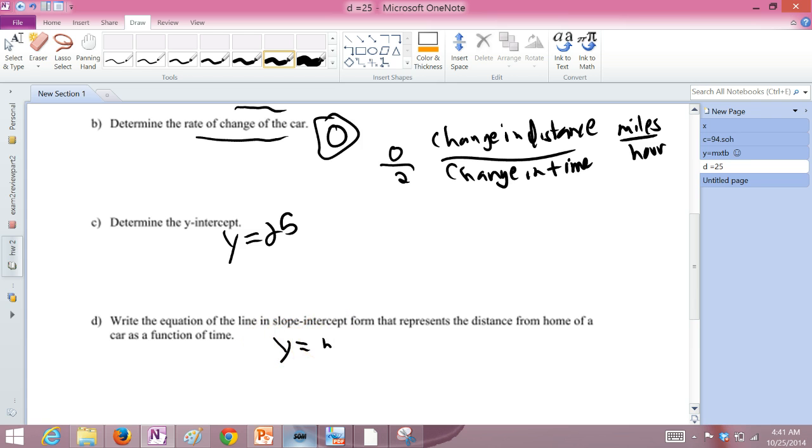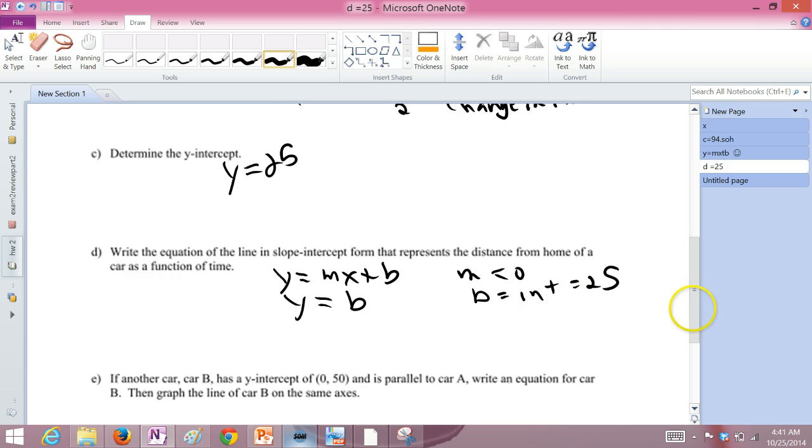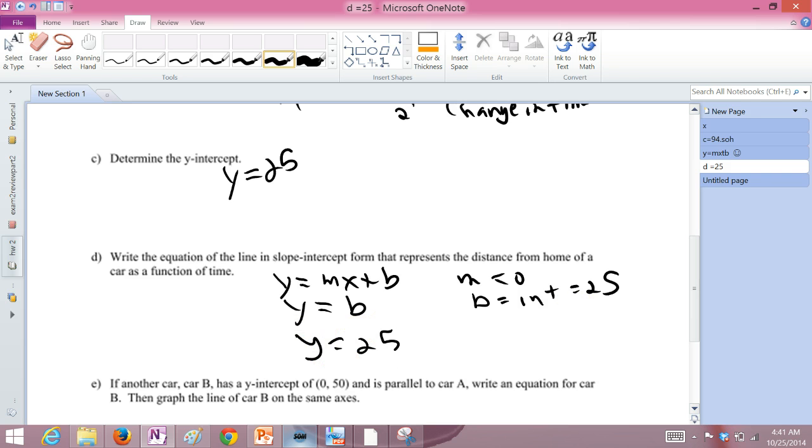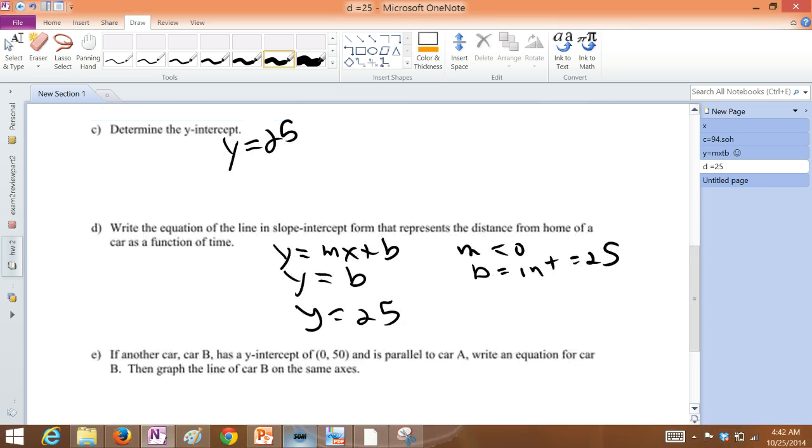So it'll be y equals mx plus b, but m, the rate of change, the slope, is equal to 0. So it's just y equals b, where b is the intercept, and that's your 25. So this is the line y equals 25, unless I'm missing a line that was drawn in.